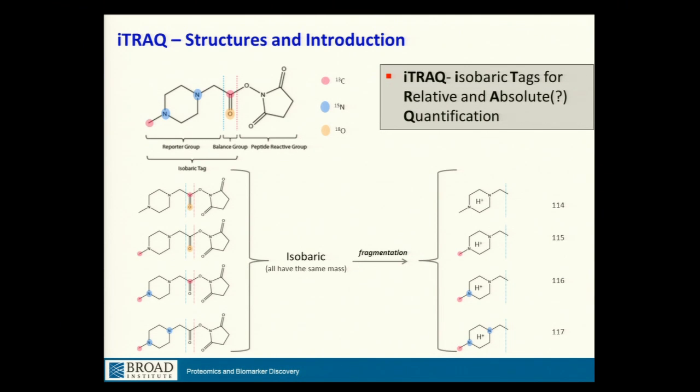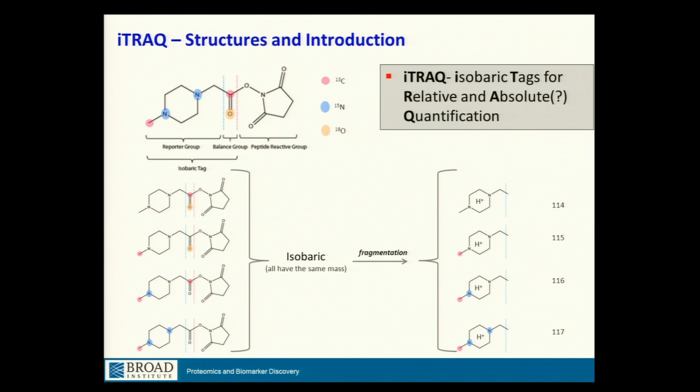So you can construct versions of this reagent in different ways such that if you add the right number of stable isotope atoms in the right places, they all weigh pretty much the exact same thing. These four versions where I've depicted the labels have nominally the same mass adduct on each, right? So that's what isobaric means, they're the same mass.